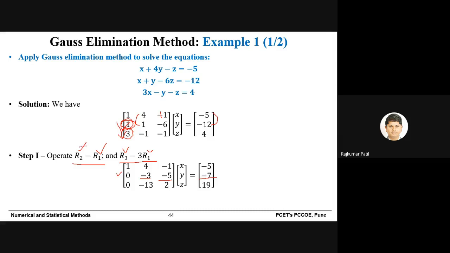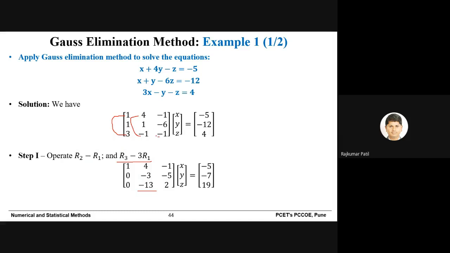So you perform R2 minus R1. Again, you need to perform R3 minus 3R1. So 3 minus 3, 0. Minus 1, minus 12, since 4 into 3 is 12, so -1 minus 12, you will get -13.